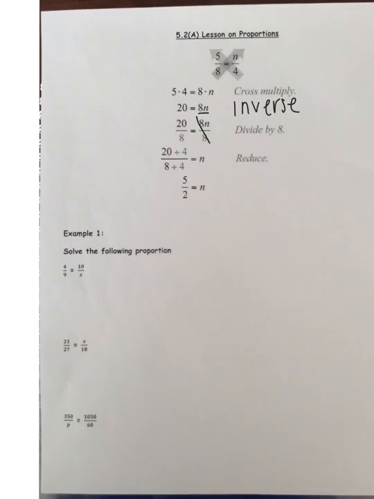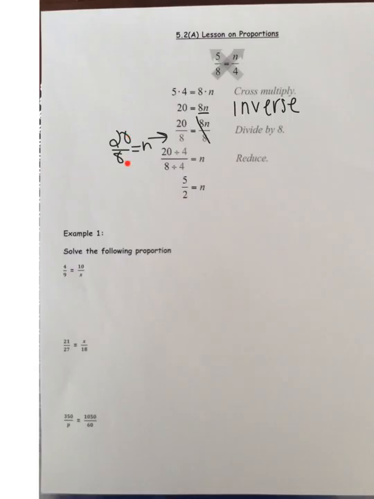Now in this particular example, it kind of looks like we missed a step here. One thing I would include right in here would be 20/8 equals n before moving down to this step where we say reduce. Since 20/8 is a fraction, it's not in simplest form, we must reduce that fraction.